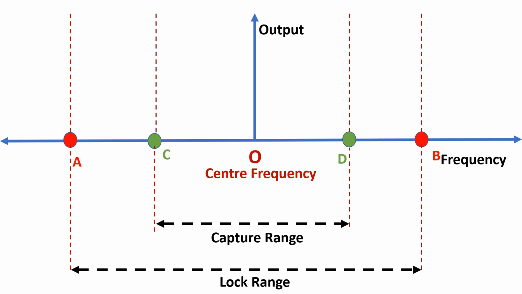Point A, B, C and D, these are the frequency points on PLL characteristic. We will understand operation of PLL on forward pass of input signal frequency, that is when input FM signal frequency increases from some lower value to higher value, and on backward pass of input signal frequency, that is when input FM signal frequency decreases from some higher value to lower value.